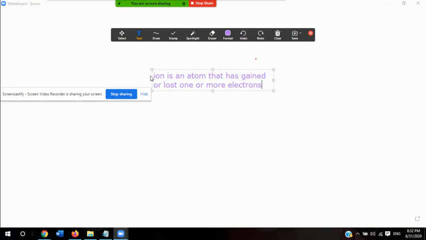So an ion gains an electrical charge. Another thing I want to mention about the ion: if an atom loses one or more electrons, it becomes positively charged.